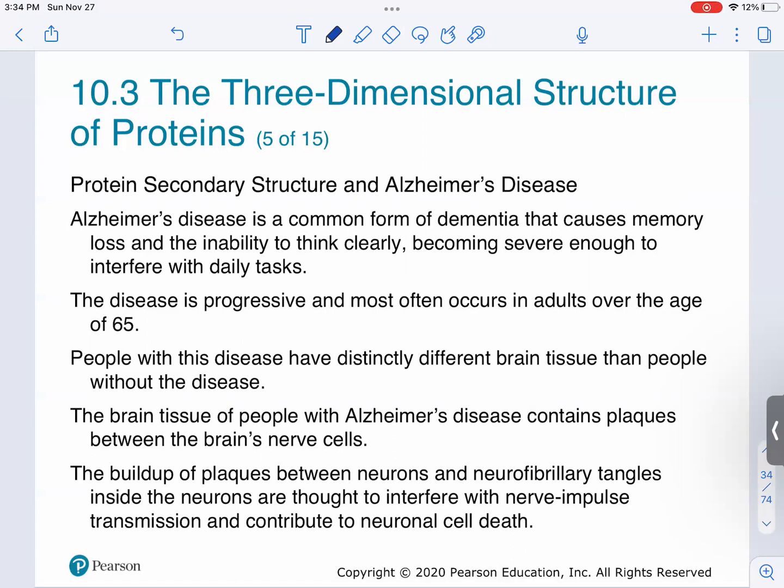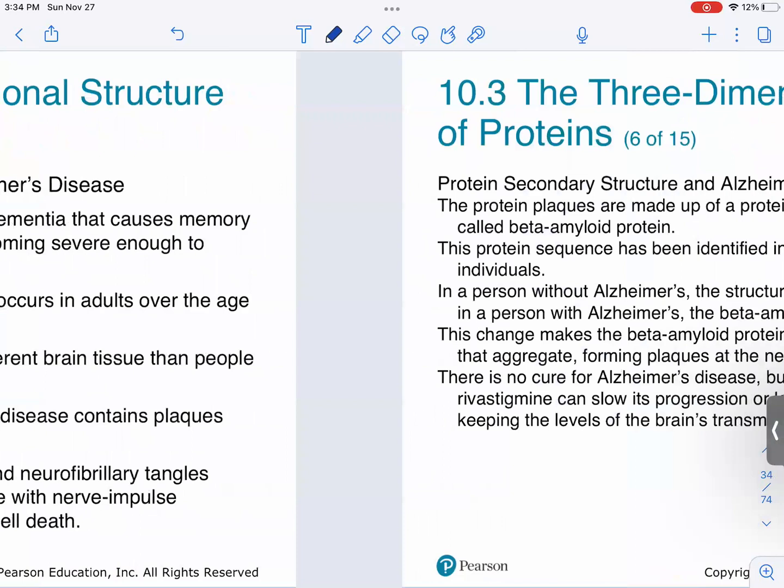And you're going to have a buildup of these plaques because of the secondary structures between the neurons. And then you're going to have neurofibrillary tangles within the neurons. So outside and inside the neurons, you're going to have problems, and you're not going to be able to have information transfer between the cells, which you need between nerve cells. And so without communication, your nerve cells will die.